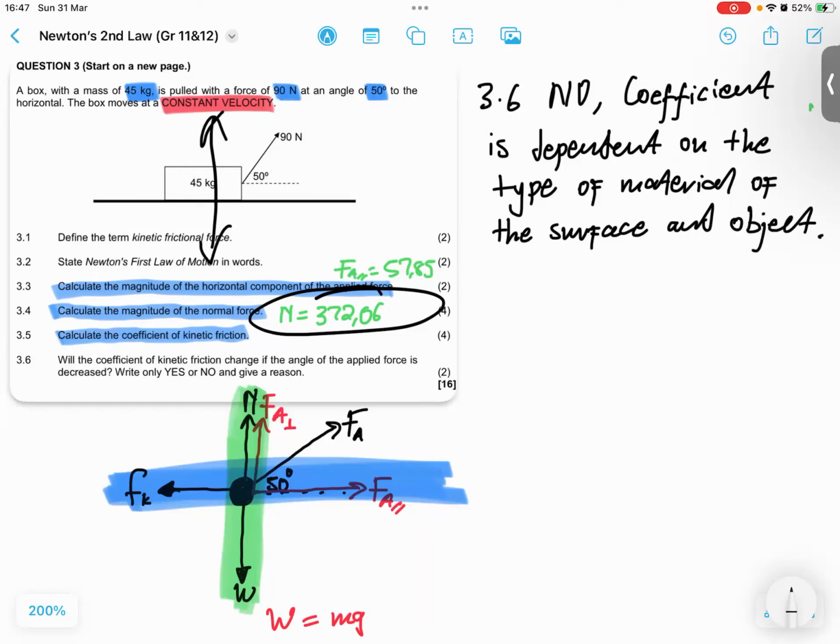Meaning that the coefficient of kinetic friction is independent of the angle, but is dependent on the type of material that the object and the surface are made of, right? That is the reason why it will not change: it's not dependent on the angle, but rather it's dependent on the type of material that the object is made of, right?